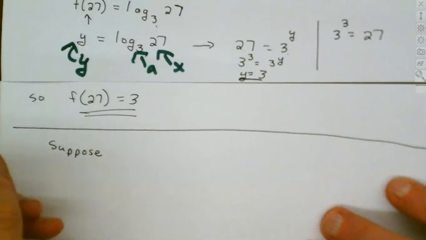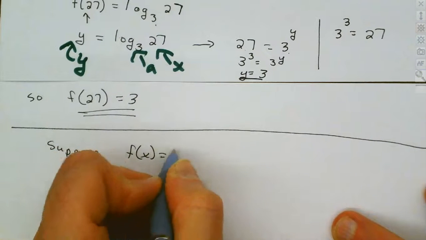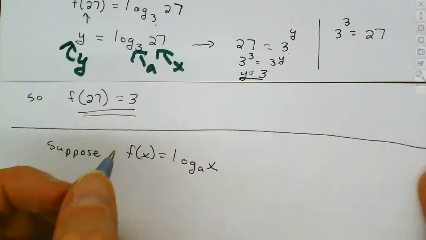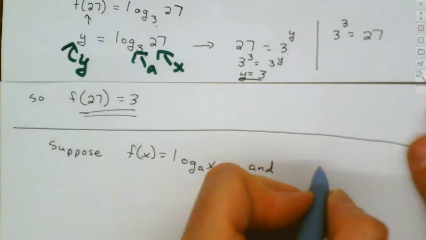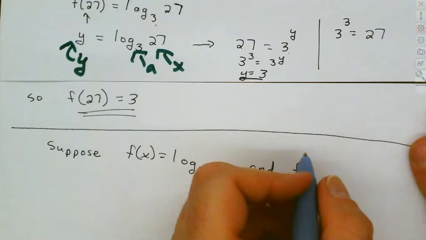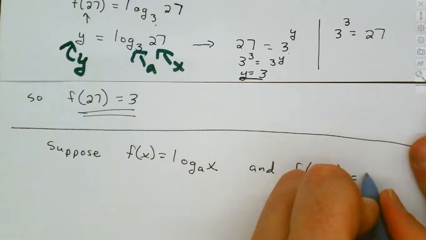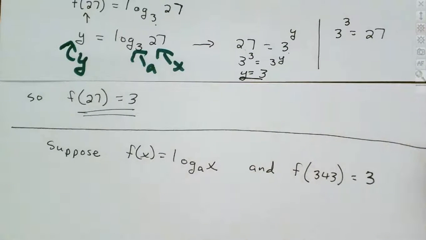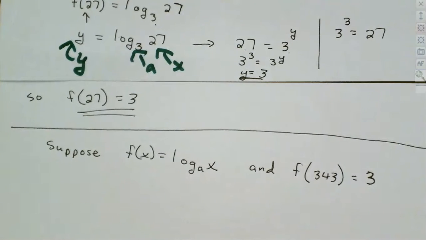Okay, so let's suppose, and I'll have to make one up, that f of x equals log base a of x, and f of 343 equals 3. Let me make sure I got this right here. I'm going to have you find a different value.